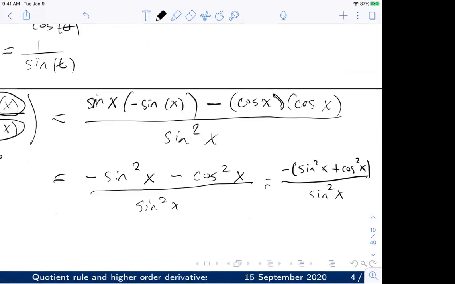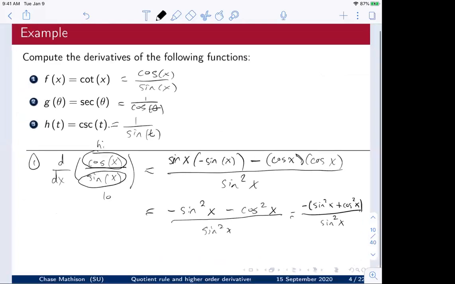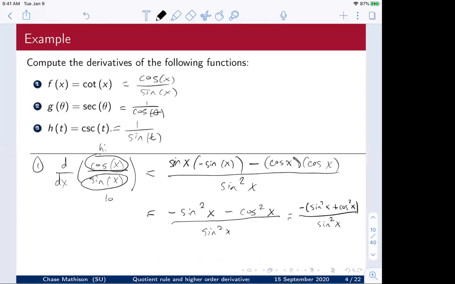And what is sine squared x plus cosine squared x? A 1? That's 1, perfect. That's exactly right. So this is equal to 1 over sine squared x. Sorry, negative 1 over sine squared x. That's that negative I pulled out in front.